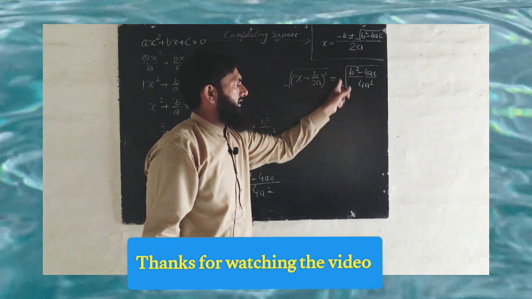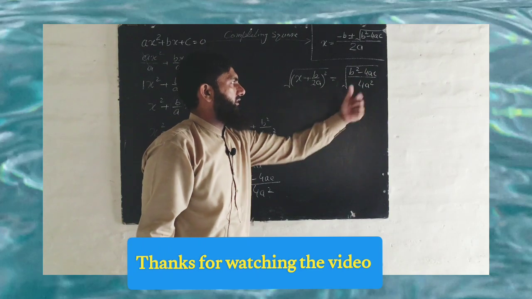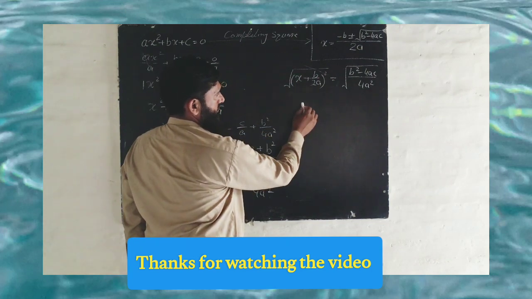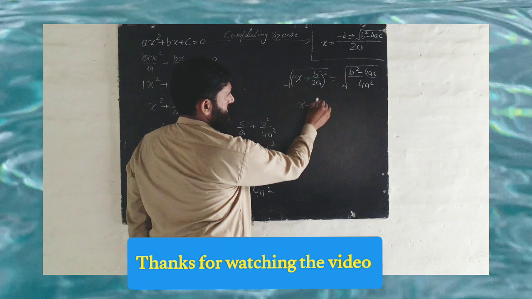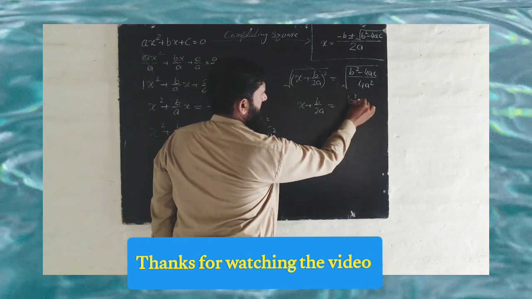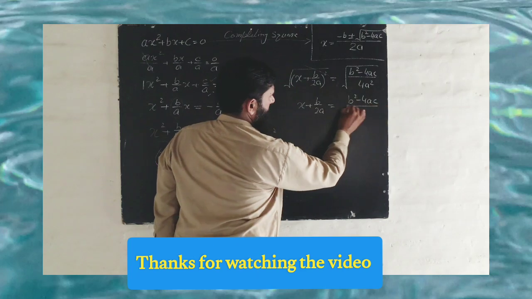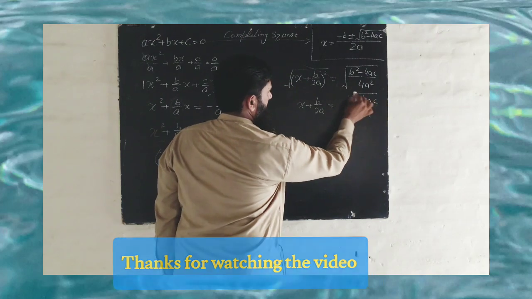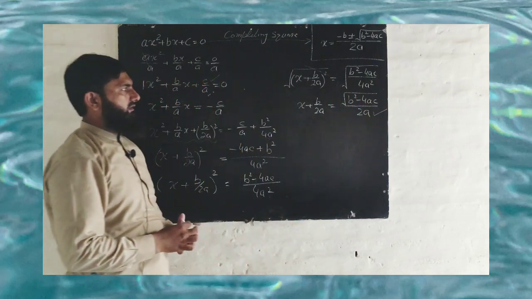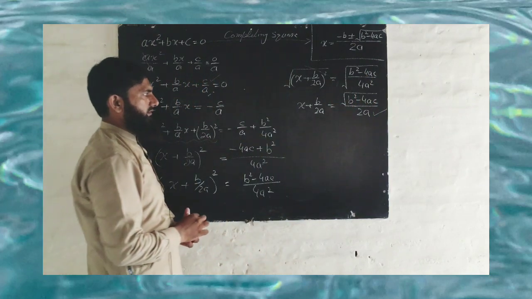So after taking the under root, this term can be resolved. The square root is cancelled by the square, and the result is x plus b over 2a is equal to plus minus the under root of b square minus 4ac over 2a. This is the under root of 4a power 2.